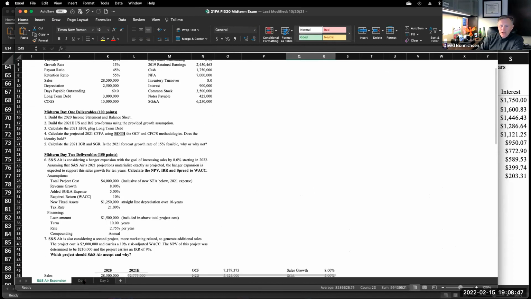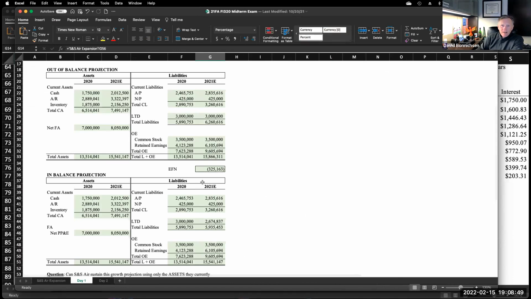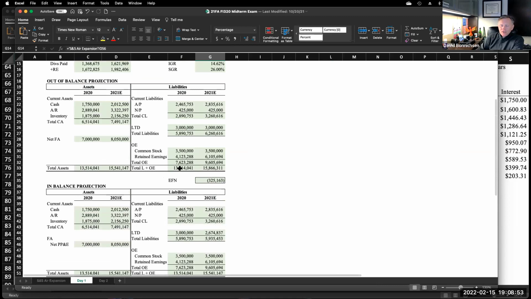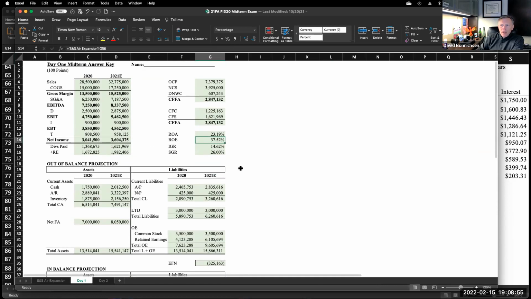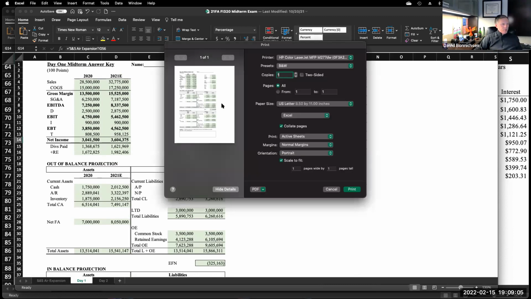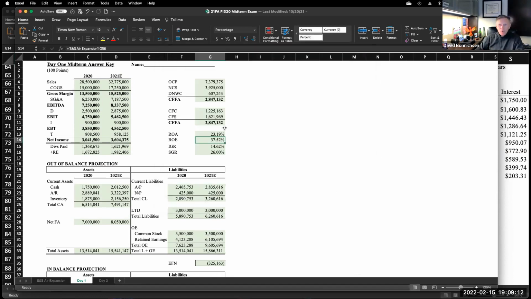On the first part of the midterm, I literally give you this entire page with obviously no numbers. Then all you have to do is print as PDF and upload this page as your day one. So everything's already set for you. You're given the format it needs to be put in, and it is literally exactly what I just showed you.